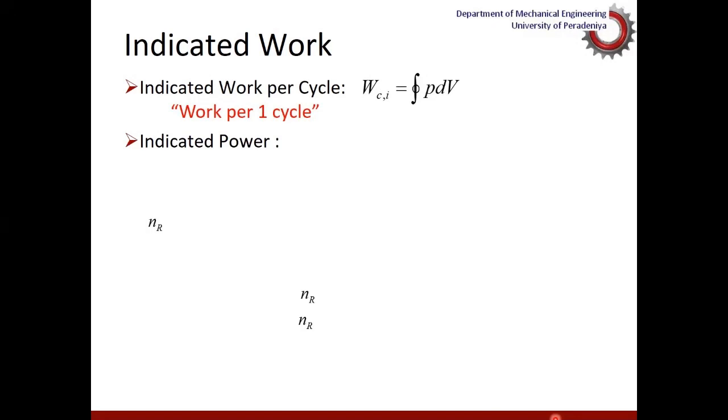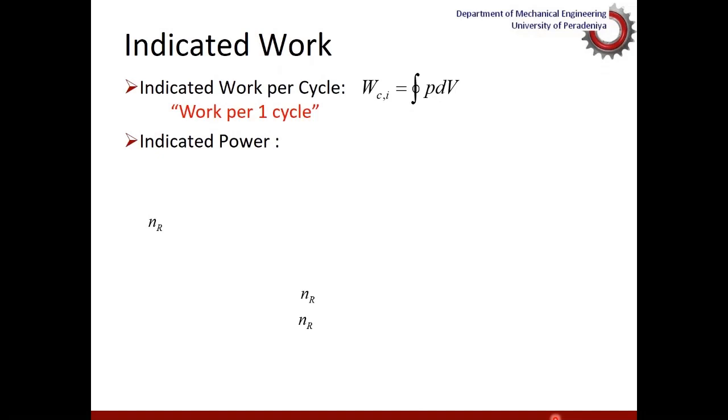Now, if it is a two-stroke engine, if the indicated work is W, and the engine operates at n revolutions a second, what is the indicated power? For 1 second, there are n revolutions, and one cycle produces W amount of work.